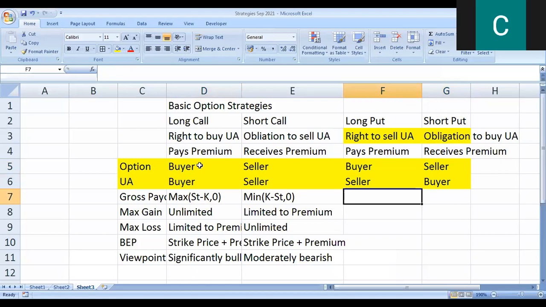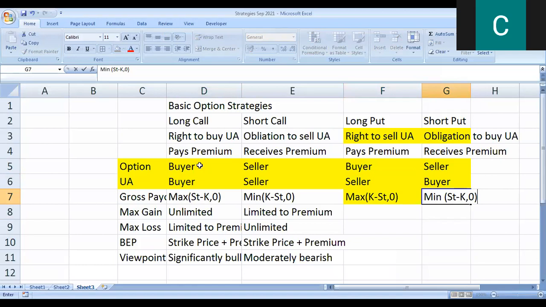Now gross payoff. Gross payoff for the long put position is maximum of K minus ST comma 0, and for the short put it is minimum of ST minus K comma 0. It is simply reverse and minimum. Now tell me, is the long position gain limited or unlimited? Unlimited.